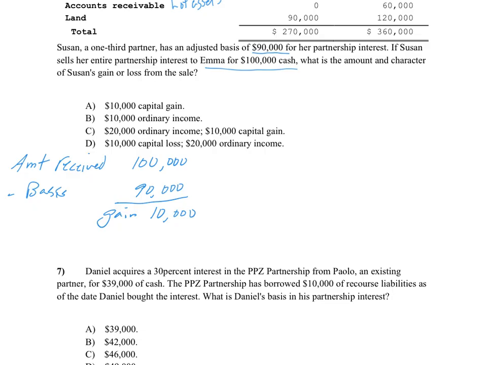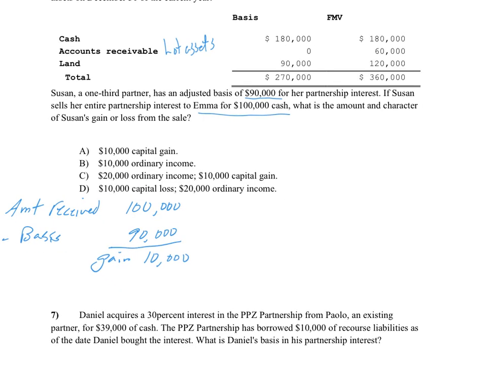So let's take a look in here a little bit more. Again, we need to look at Susan's share of hot assets, which is 1/3 of $60,000. So her share of the hot assets is $20,000, and that would be a $20,000 ordinary gain.